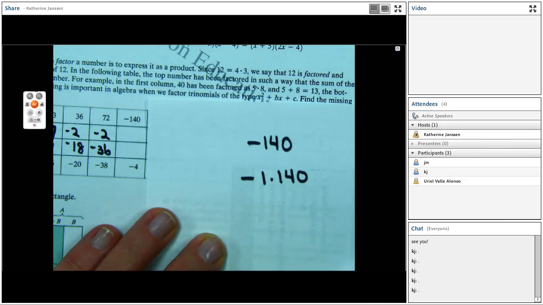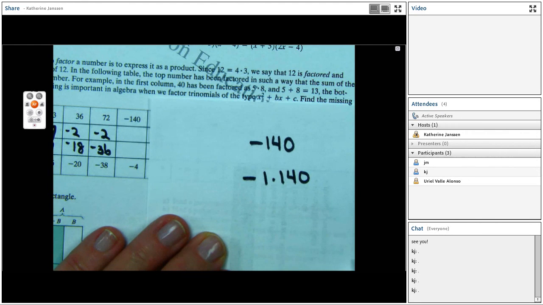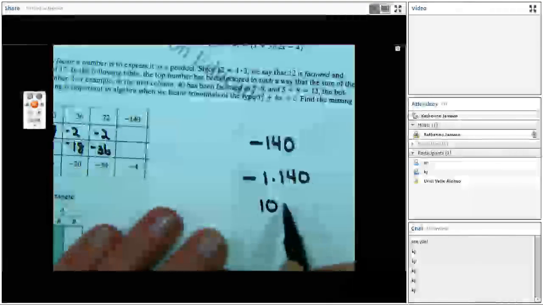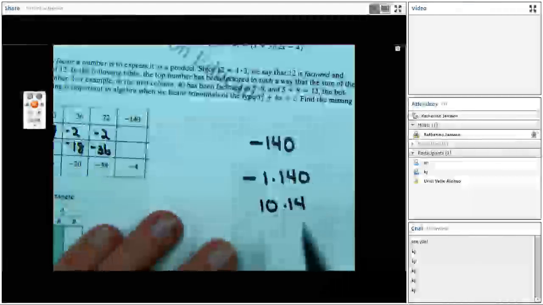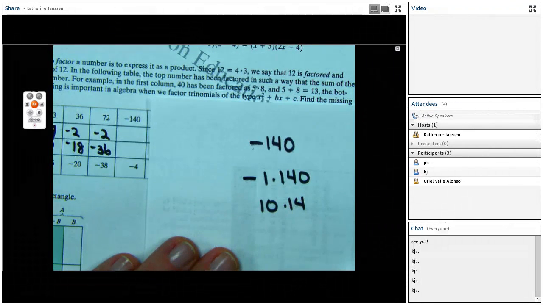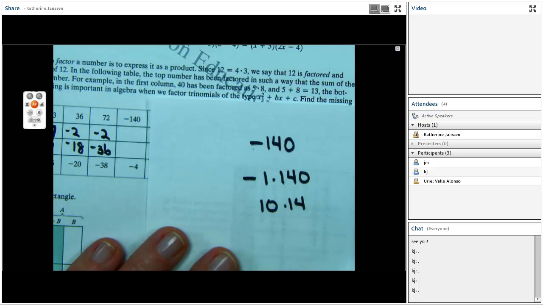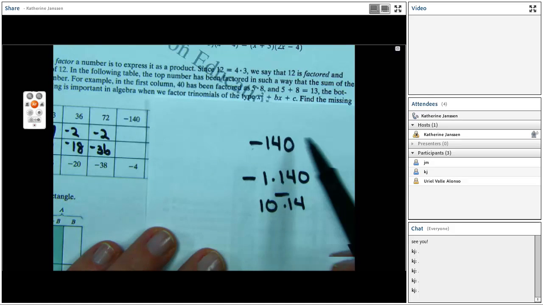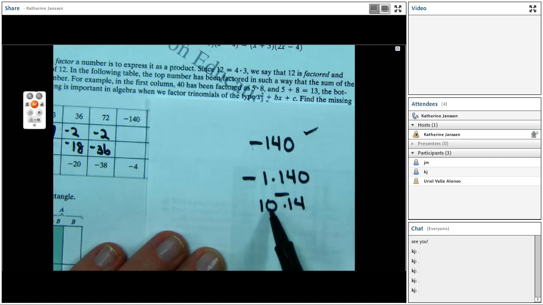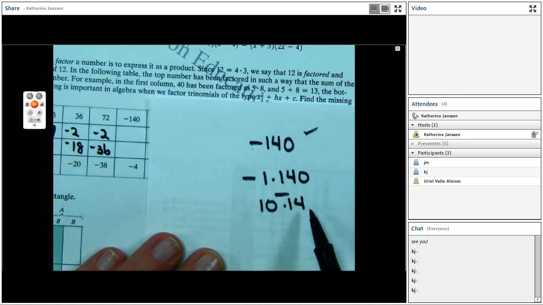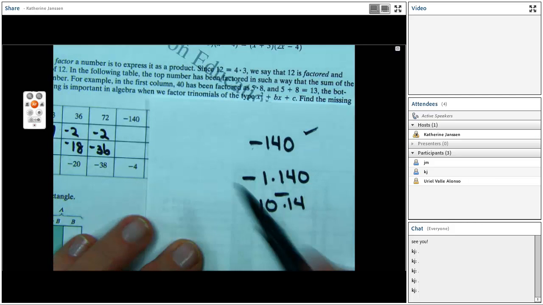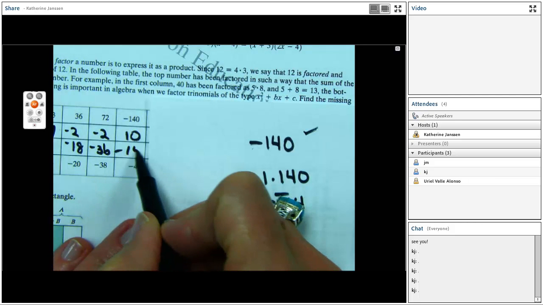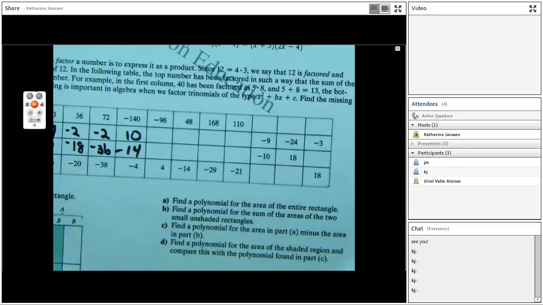Not quite what I'm looking for. 10 times 14 is 140. I need a negative 140. 10 times a negative 14 would be a negative 140, and 10 plus a negative 14 would be negative 4. 10, negative 14. Okay, you see the pattern?